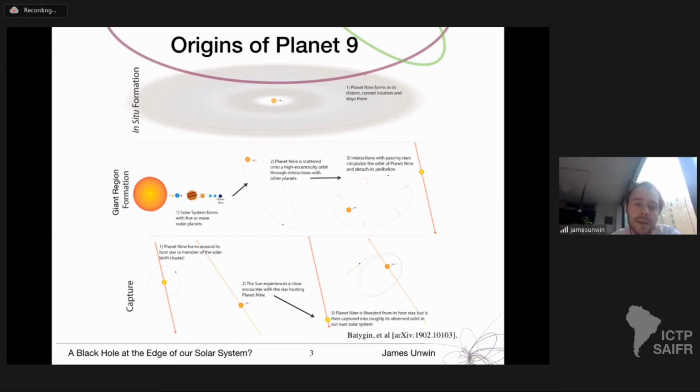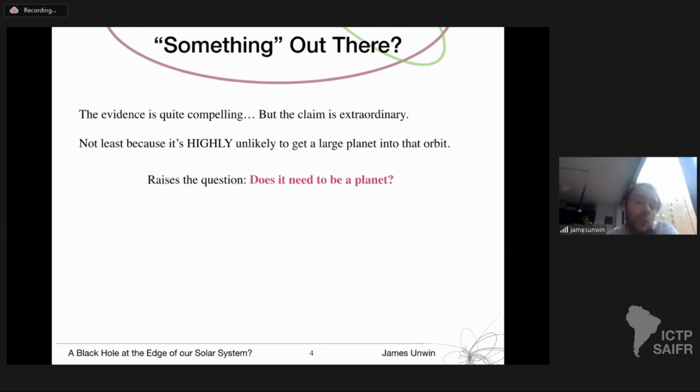Now, what's interesting is if you're capturing a planet, you could immediately ask, why does it need to be a planet? All I can ever see of this thing is that it has some sort of strong gravitational attraction, which influences the bodies in the outer solar system, therefore changing the orbits of these trans-Neptunian planetesimals.